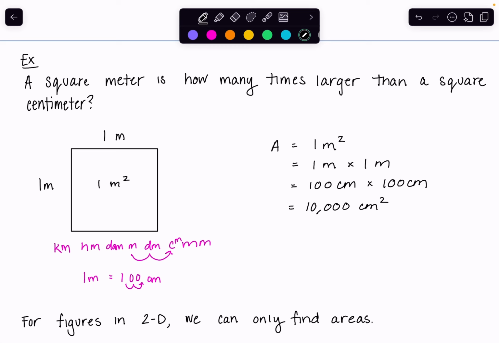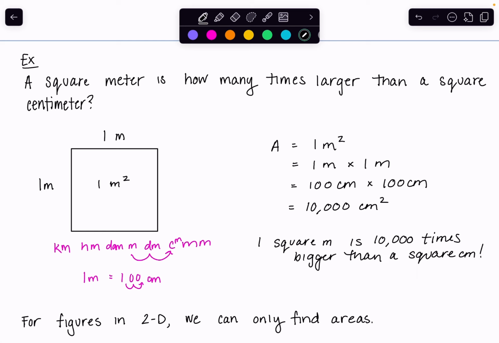Okay, so a square meter is 10,000 times bigger than a square centimeter. And you could really do this with all of your different conversions or different units itself.